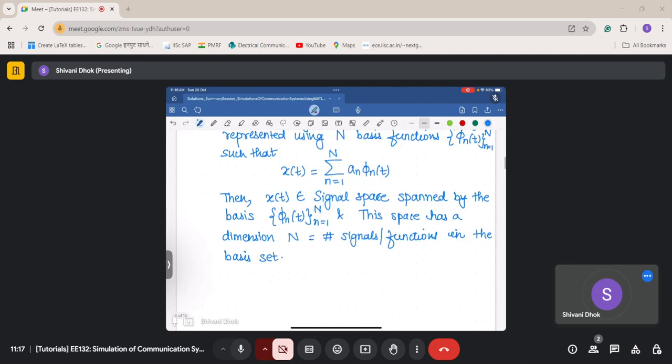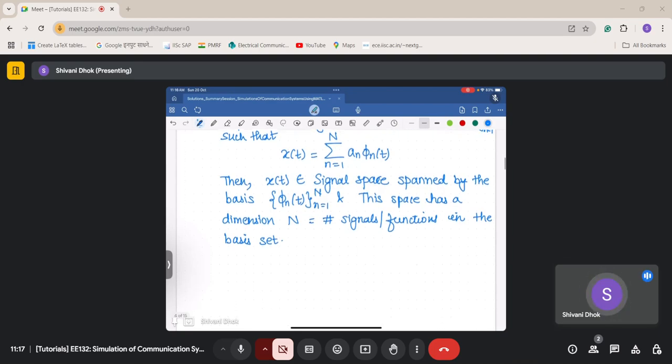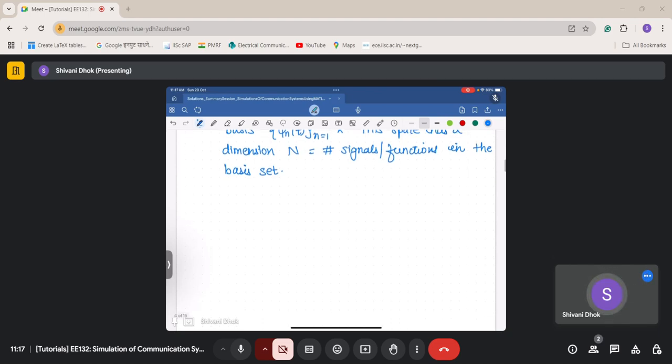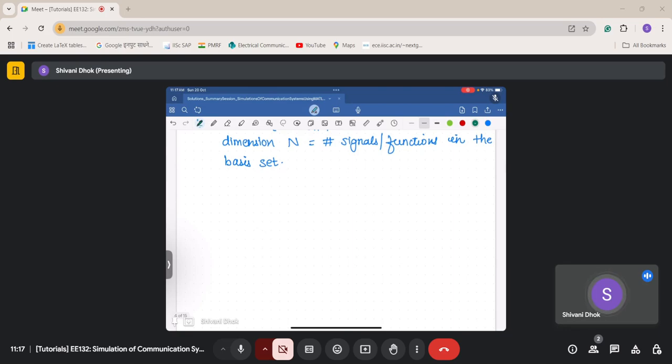Okay. So we can take it as an analogy to your vector space also. So if you have a vector 1, 2, you can represent it using two bases. So this you can write as 1 into (1, 0) plus 2 into (0, 1).